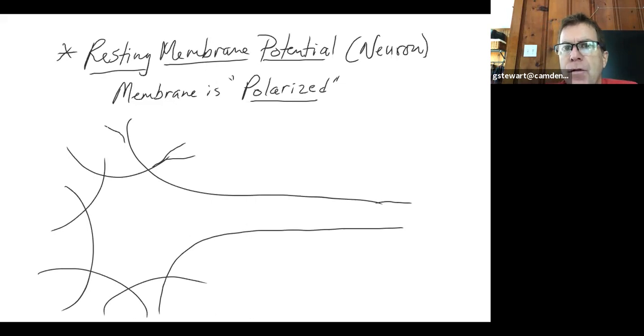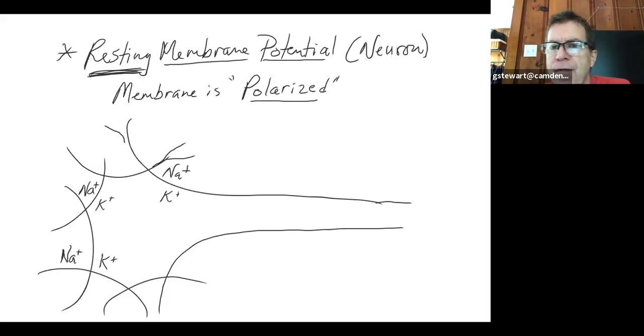So we have, during rest, a nerve cell has a high concentration of sodium ions all around the outside of the membrane. I'm not going to go all the way around. And it's got a very high concentration of potassium ions on the inside. That's due to a pump.